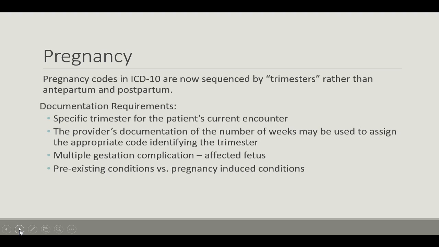And another point with pregnancy records is probably something you're already documenting, and that's whether a condition is pre-existing or pregnancy-induced, such as diabetes versus gestational diabetes, or hypertension versus pregnancy-induced hypertension.